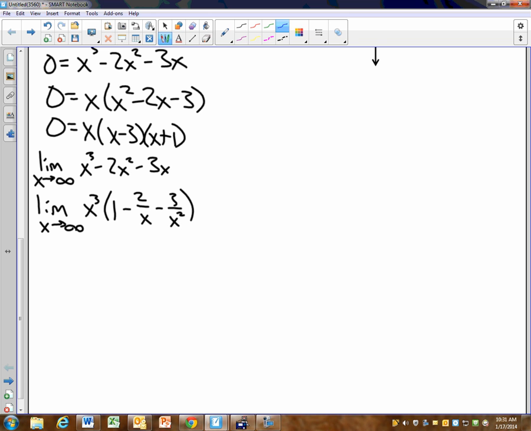Yeah, this inside here, it will be 1 minus 0 minus 0, which is just 1. So if you're headed towards positive infinity, you'll have a large number to the third power, which will be infinity. And then, as x goes towards negative infinity, you would have a very large negative number to the third power, which would result in negative infinity.